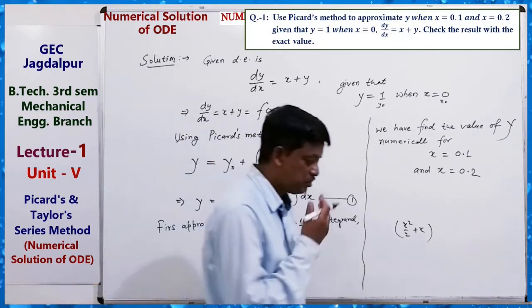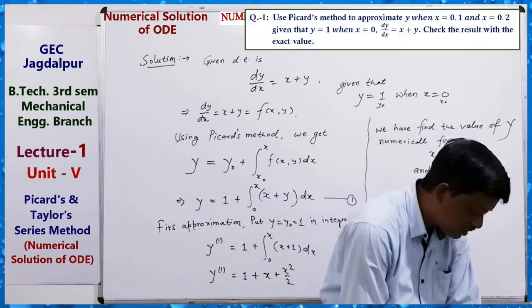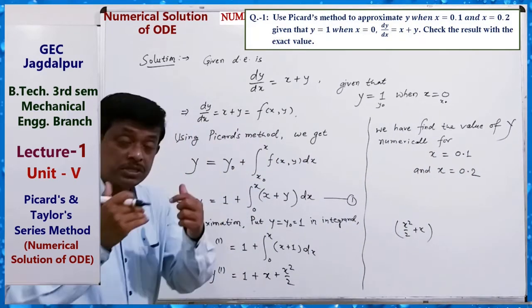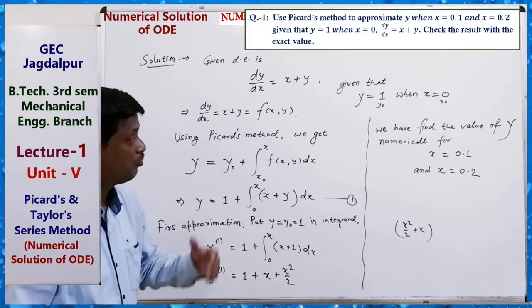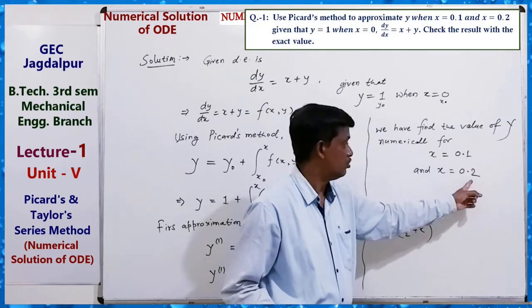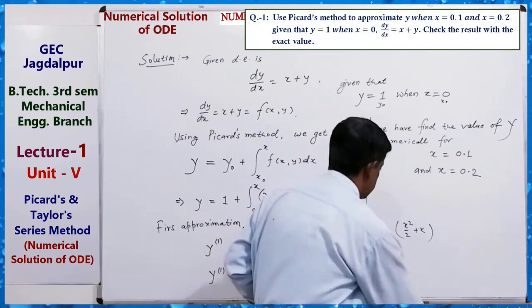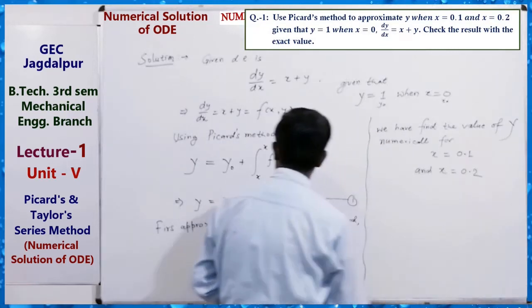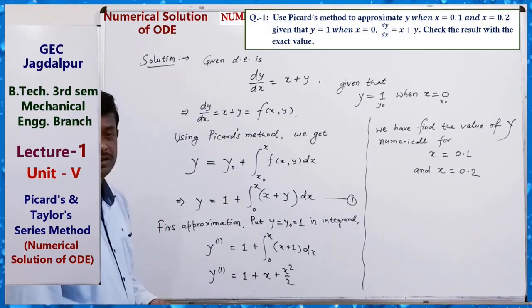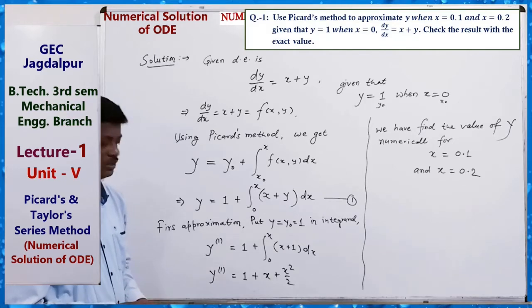This is the first approximation. From this first approximation, we can now get the value of y at these values of x. So how can we get it? Just one by one you have to do the same type of process.